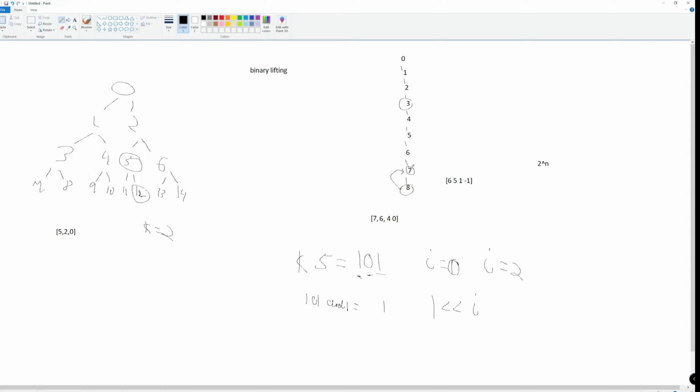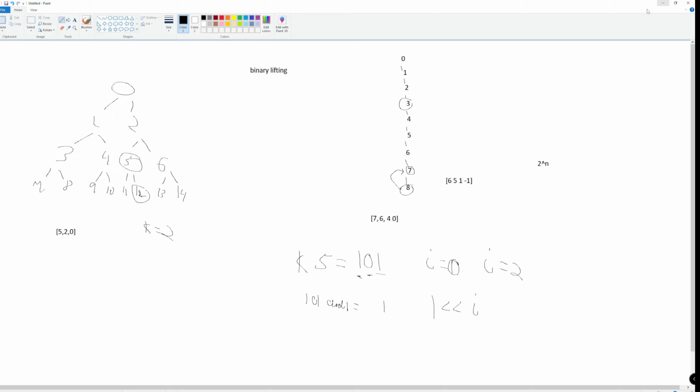The worst case scenario ancestors would be 1, 2, 3, 4, 5, 6, 7, 8. 8 ancestors. And how many times would that be in log? So we'd go up 1, we'd go up 2, 1, 2, 3, 4. So 2 to the 0 equals 1, 2 to the 1 equals 2, 2 to the 2 equals 4, and 2 to the 3 equals 8. So it would be 3.